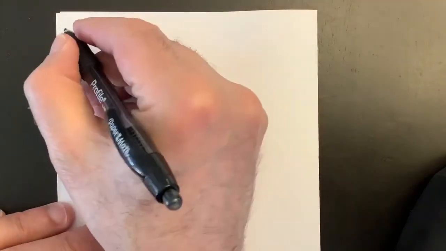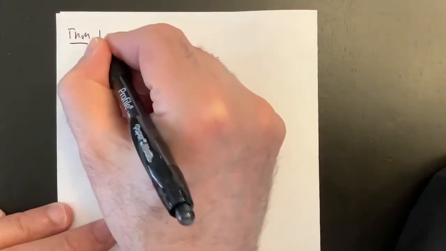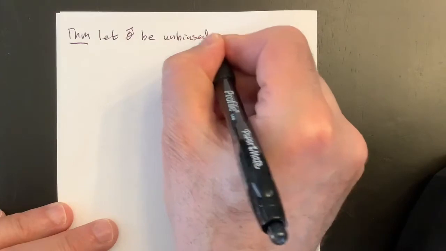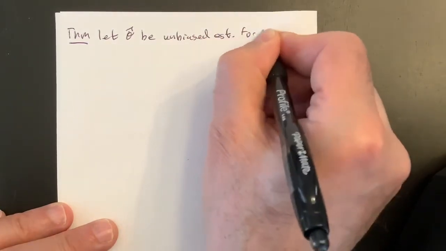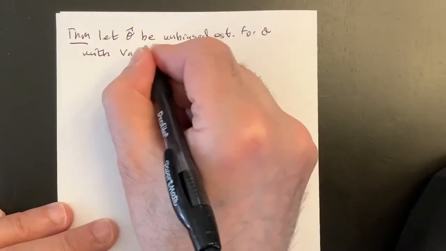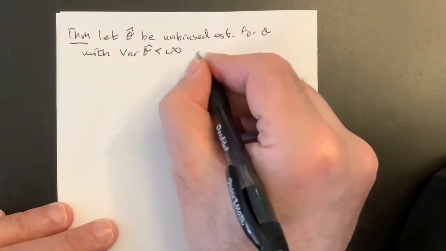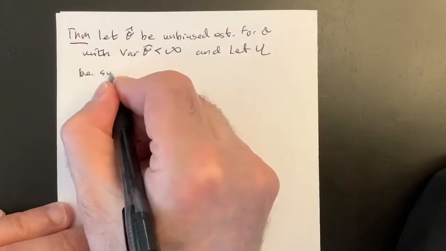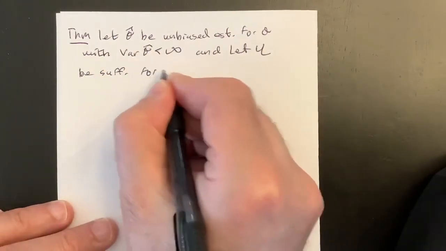So, okay, now we get to the theorem in 9.5 called Rao-Blackwell. Let me just write it down in our language. Theorem: let theta hat be an unbiased estimator for theta with a finite variance, and let U be a sufficient statistic for theta.